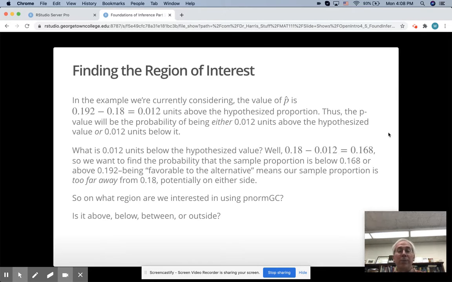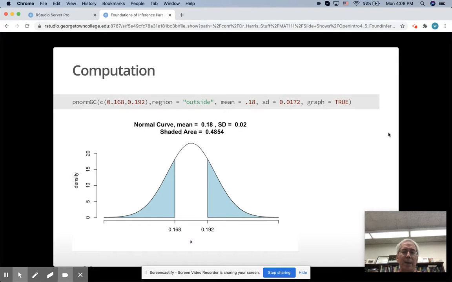If you recall from chapter 4 how we use pnormGC in a situation like this, we have a choice of 4 different regions: above, below, between, or outside. Which one of those is the one that we want to use here? I'll let you think for about 5 seconds. Okay, time's up. Hopefully you recognized that this is a case where we're going to be going outside. And so we want to know the probability of landing outside the interval from 0.168 to 0.192.